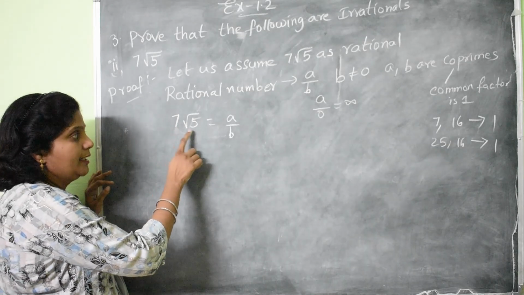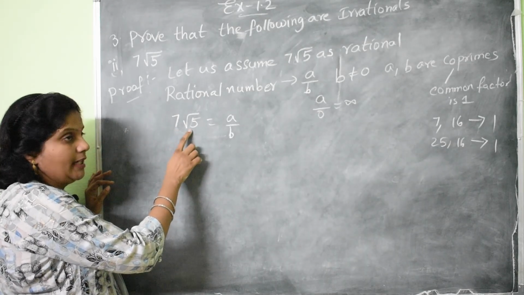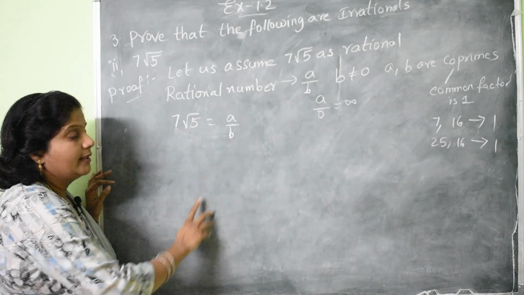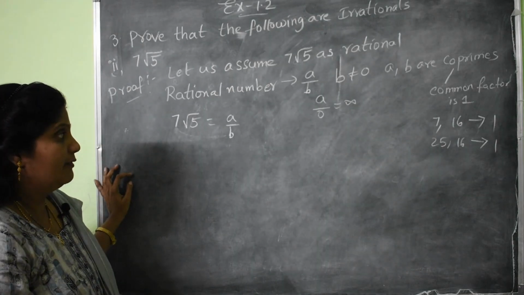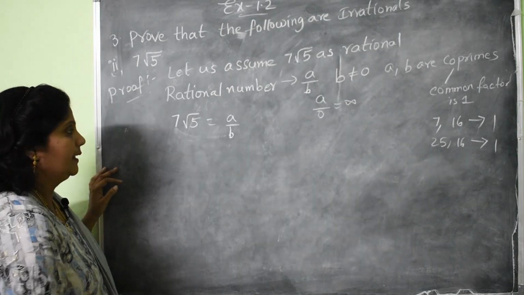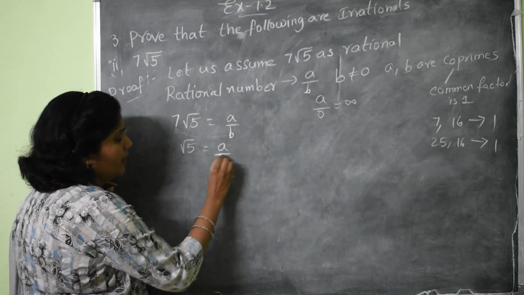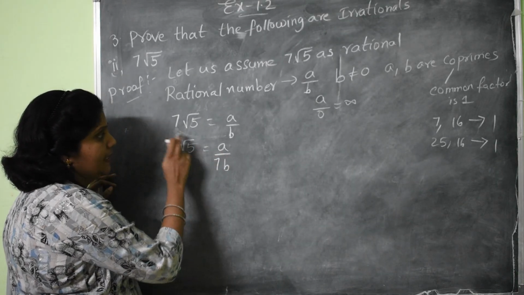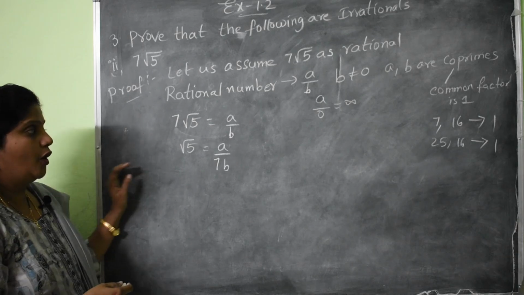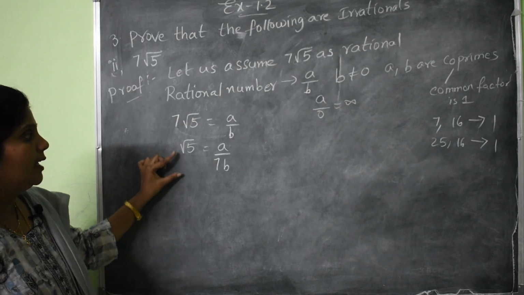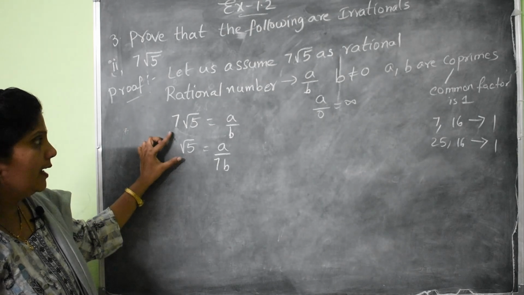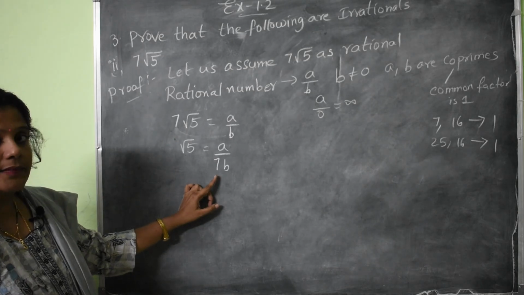When 7 is multiplied, on going to the other side it becomes division, the denominator. So root 5 is equal to a by 7.